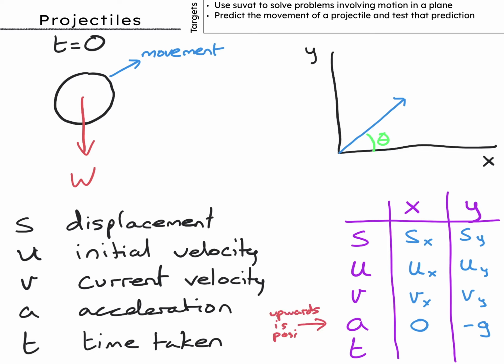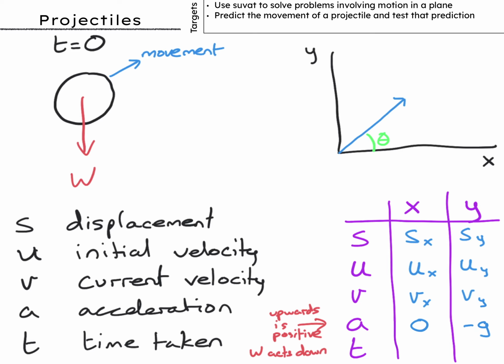These are always like this in A level, since there's only one force and it acts down. Since I define y as being positive going upwards, the acceleration in the y direction is minus g, minus 9.81 meters per second squared. There are no other forces, so the horizontal acceleration is 0.